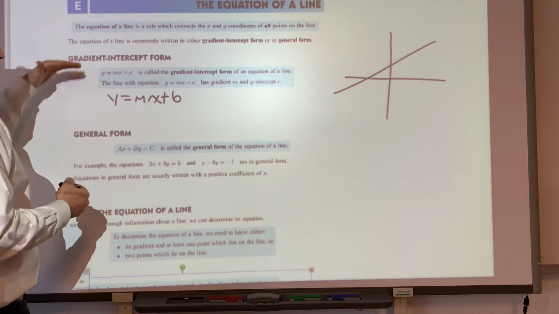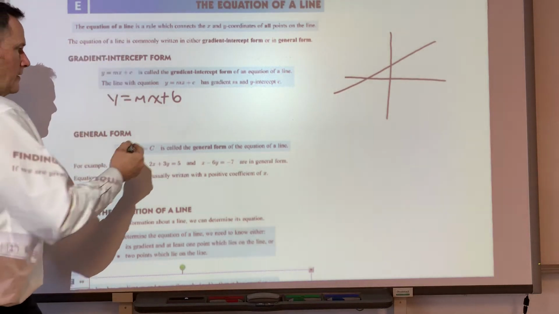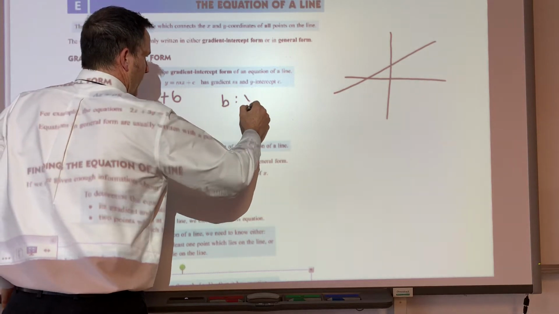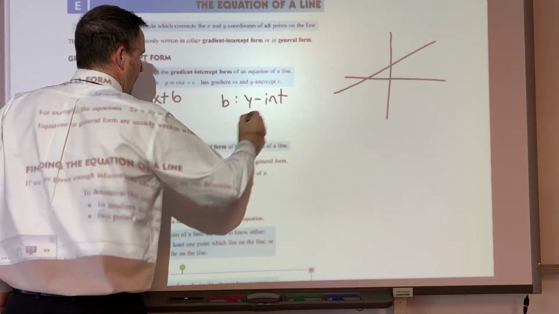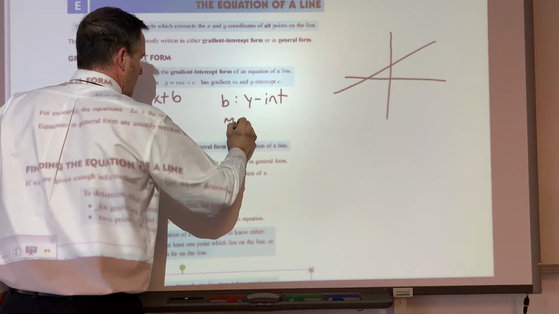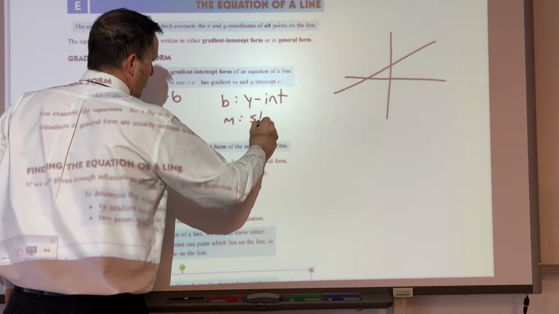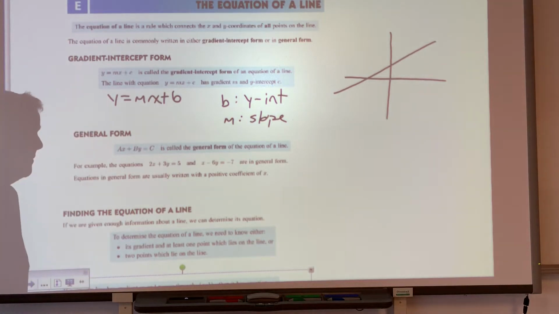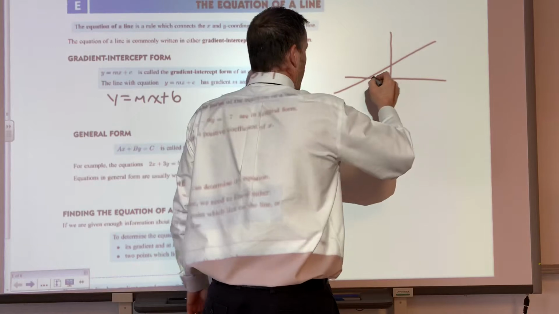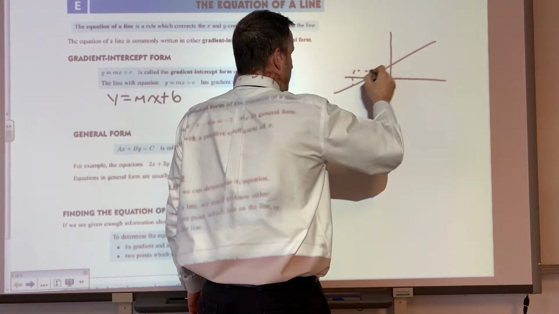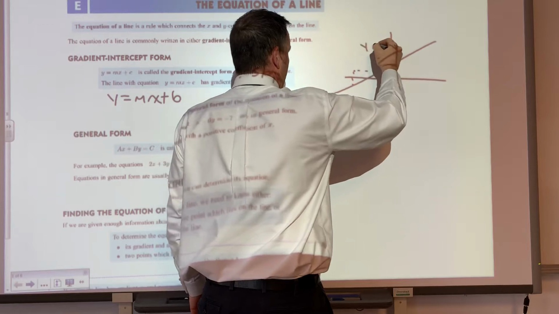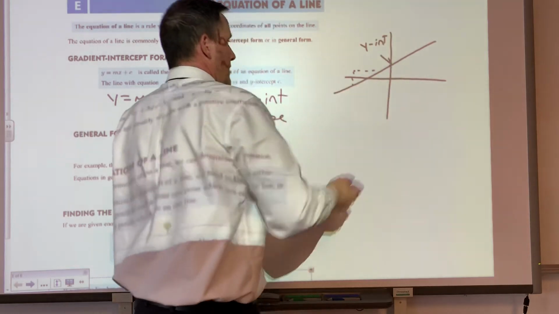Now, the interesting part with the name, gradient intercept: b represents the y-intercept, and m is my slope, or gradient. It's a pretty basic and not very creative name, but if I know my slope of the line, which is my rise and run, and where it crosses the y-axis, my y-intercept, I can write that equation.